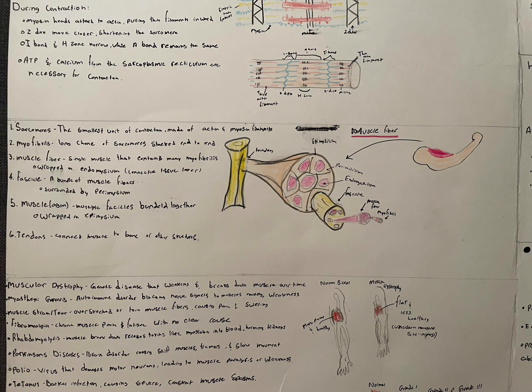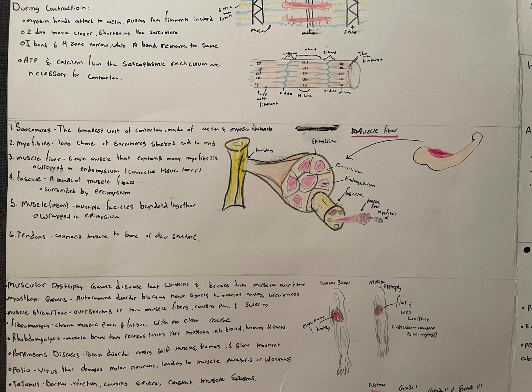Unit 3, Target 4: describe the organization of a muscle fiber. Muscles might seem like a solid chunk of tissue, but inside they're carefully organized at many levels. At the smallest level, we have the myofibrils, which contain repeating units called sarcomeres. These units are responsible for contraction.